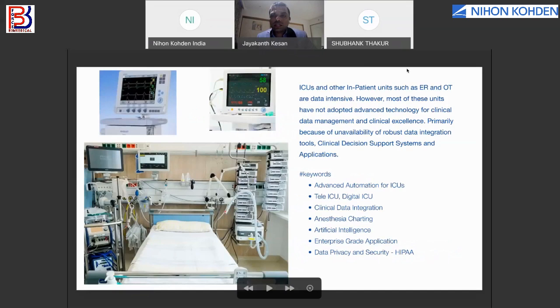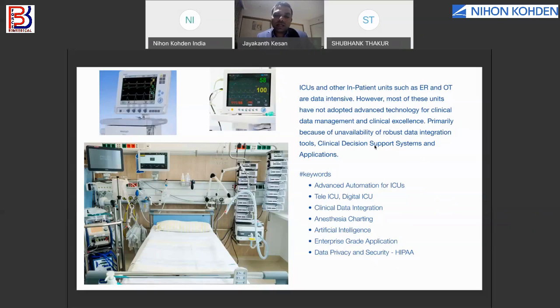Any intensive care unit or critical care unit, operation theater or emergency response unit is very data intensive. There are multiple medical devices, patient monitors, ventilators, syringe pumps, and other devices that continuously monitor patient vitals. This data is used to make clinical decisions within these critical care settings.